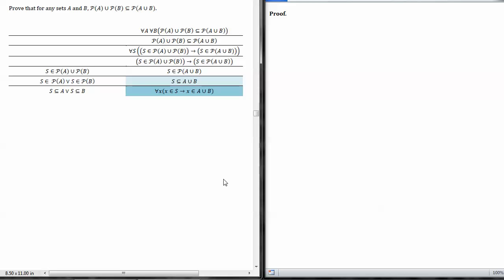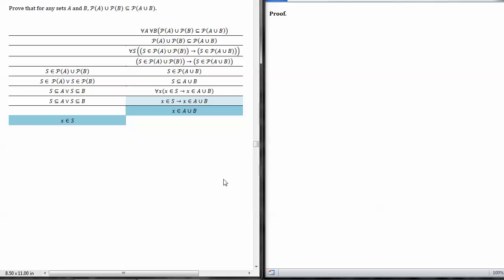And then we can let X be arbitrary to get rid of that quantifier. And to prove that conditional, we will once again do direct proof, move that antecedent X in S over as a given.